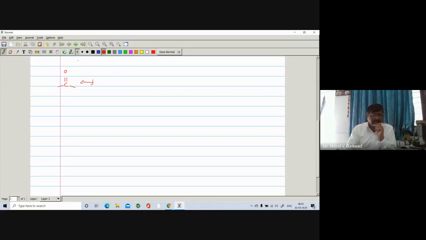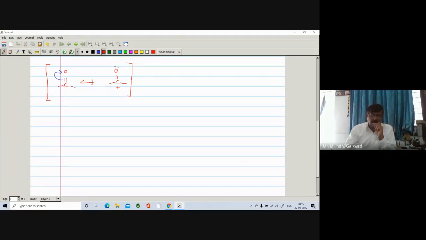Just now you have seen the pi bond will open on the oxygen: oxygen gets negative, carbon gets positive. As a result the carbonyl carbon is having a positive charge and oxygen is having the negative charge. So you are having such a resonating structure of the carbonyl compound, as we have seen just now.